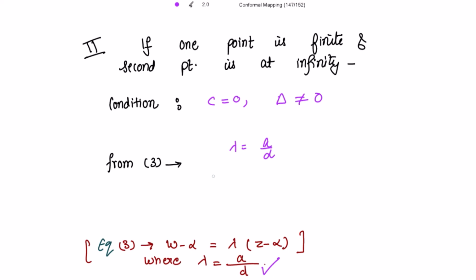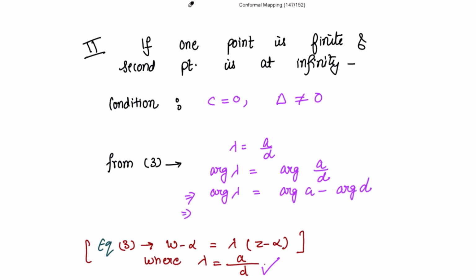So taking argument on both the sides, we get argument of lambda equal to argument of a over d. This implies argument of lambda is equal to argument of a minus argument of d. And because argument of lambda is 0, let's take this to be equal to 0.